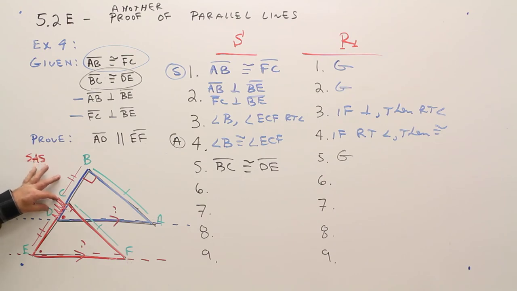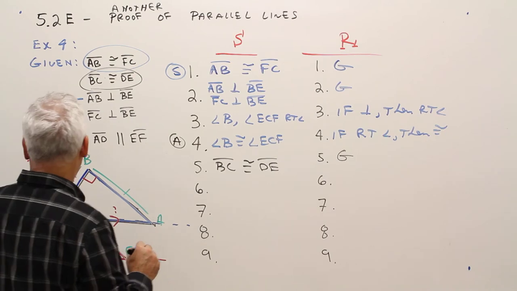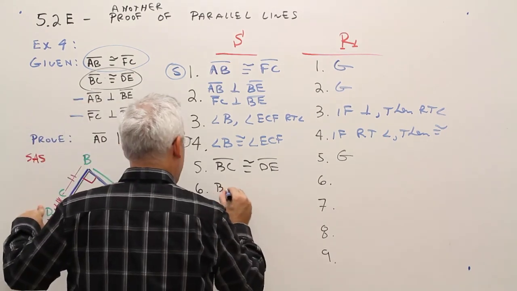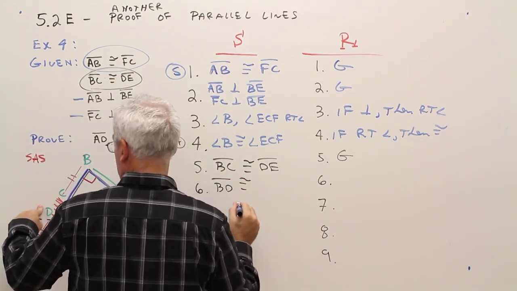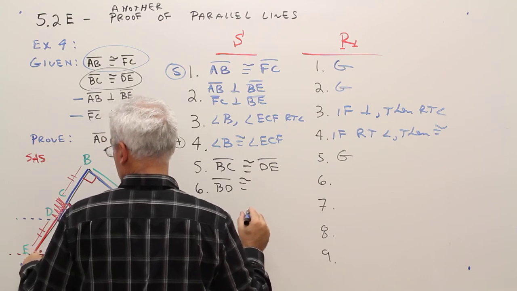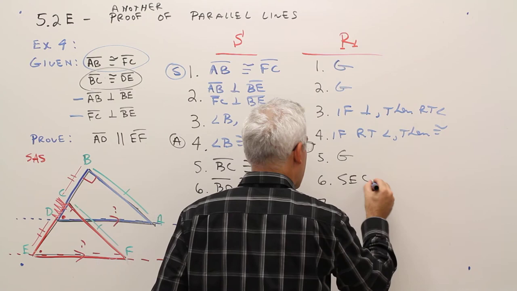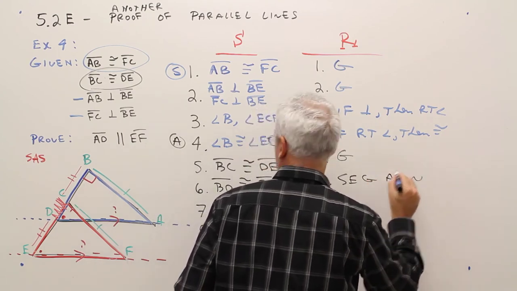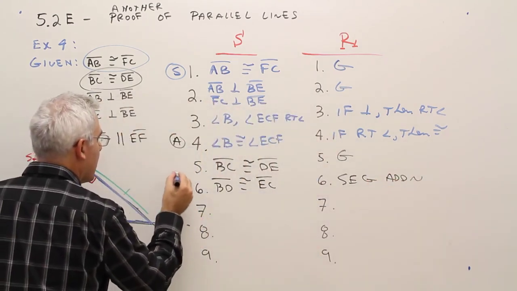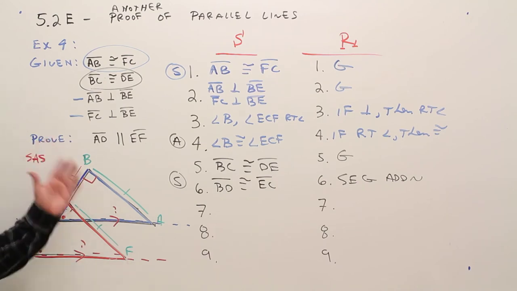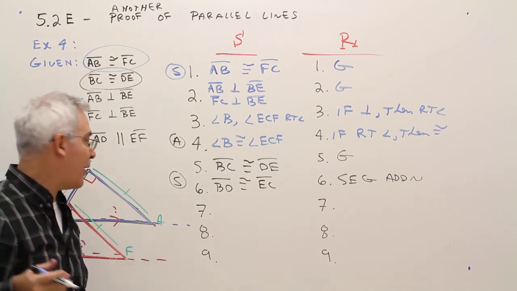If a common segment is added to congruent segments, then those sums are congruent. So I'll say BD is congruent to EC, segment addition. Now I'll have the triangles by SAS, I'll get the parts, so I'll be good to go.